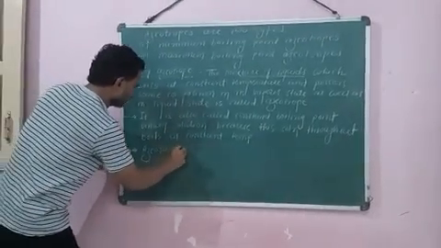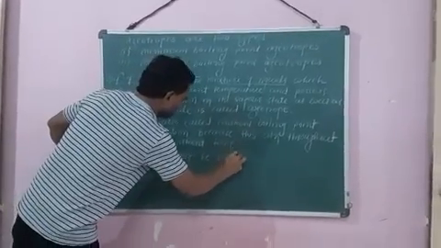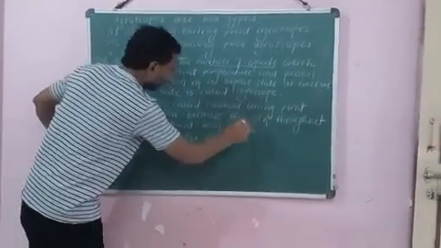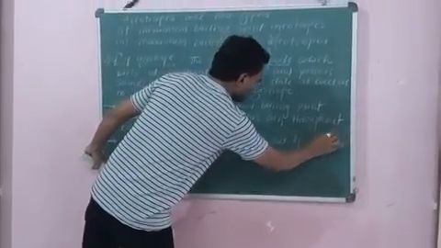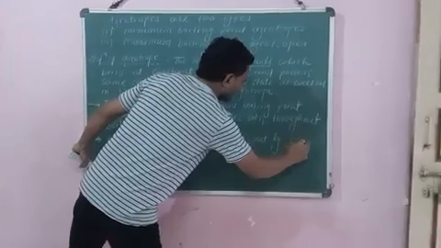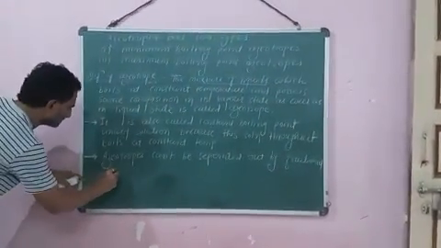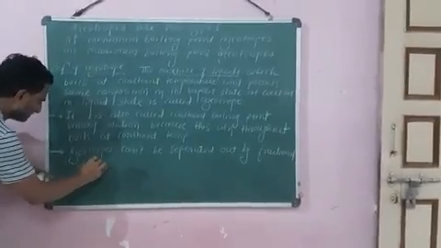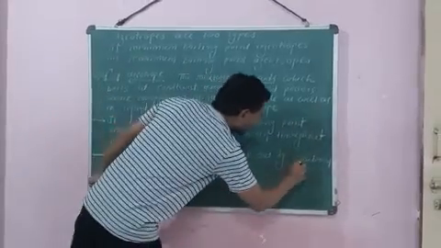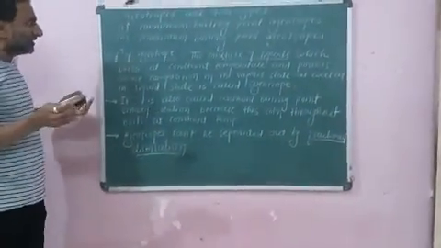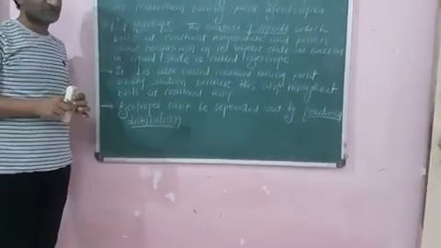Another important thing is azeotropes cannot be separated out by fractional distillation. What is the difference between a simple binary solution and azeotropes? One point is most important.